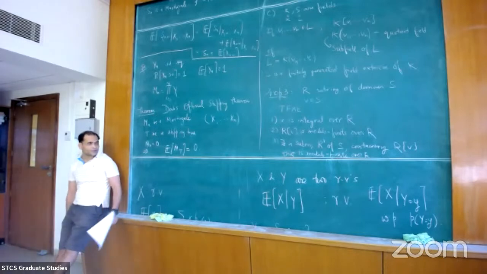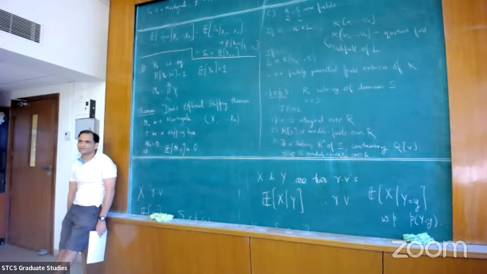Can you use that to construct an example where this is not equal to 0? What was the simplest example of a stopping time? Just think of that.